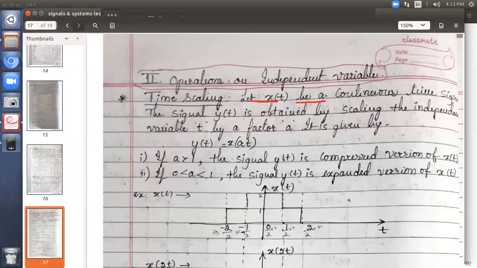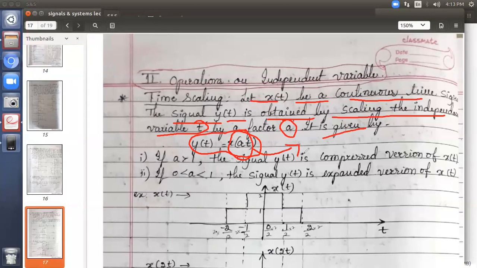Let x of t be a continuous time signal. Then the signal y of t is obtained by scaling the independent variable time by a factor small a. In amplitude scaling also we have taken small a only. But what is the difference? See here, it is given by y of t equals x of at. Just try to compare this with your amplitude scaling.